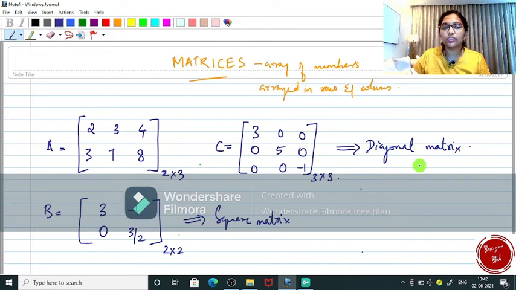Okay. So when I talk about the diagonal of a matrix, it should be the principal diagonal being taken. Okay. This is the principal diagonal. So when we speak about the diagonal of a matrix, it is understood that it should be the principal diagonal, the main diagonal.